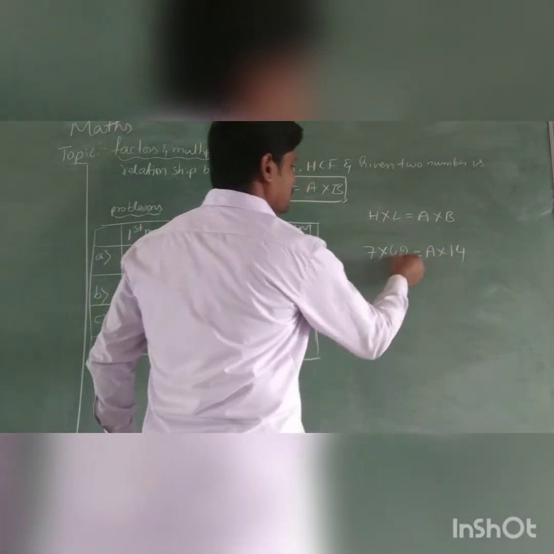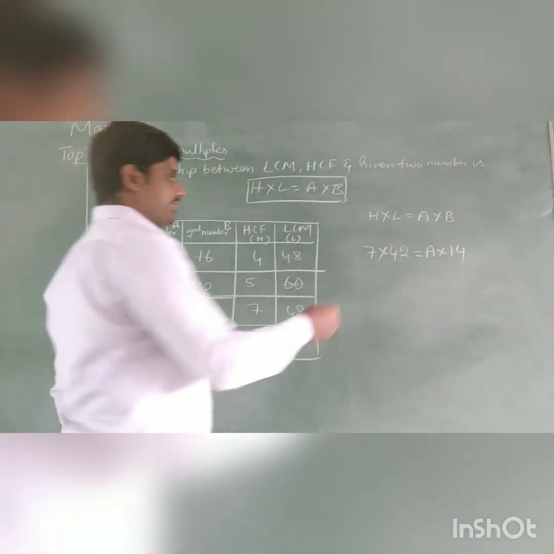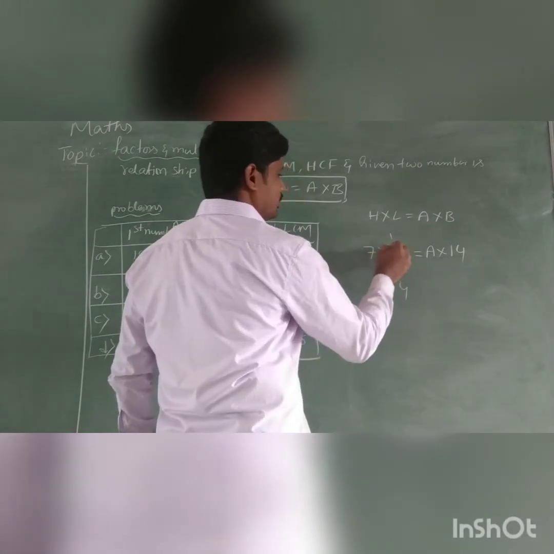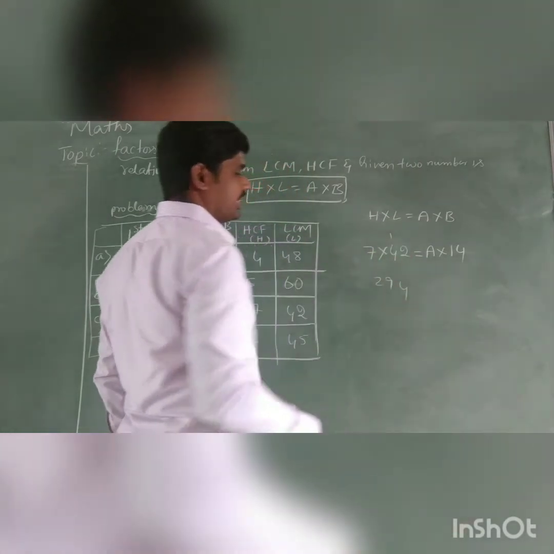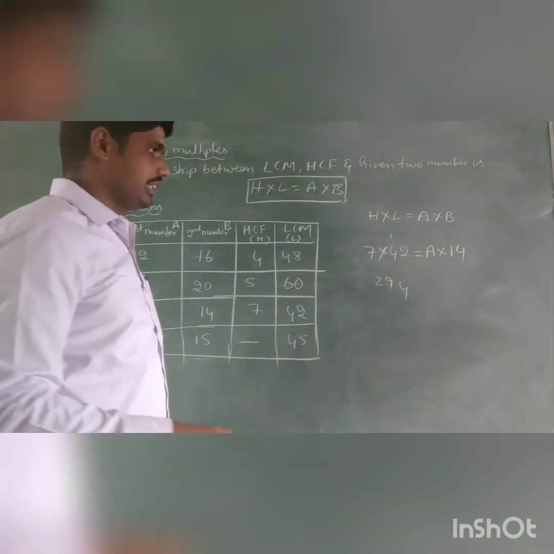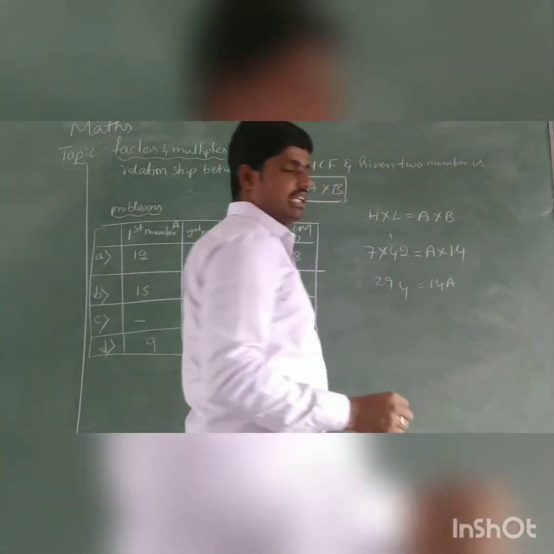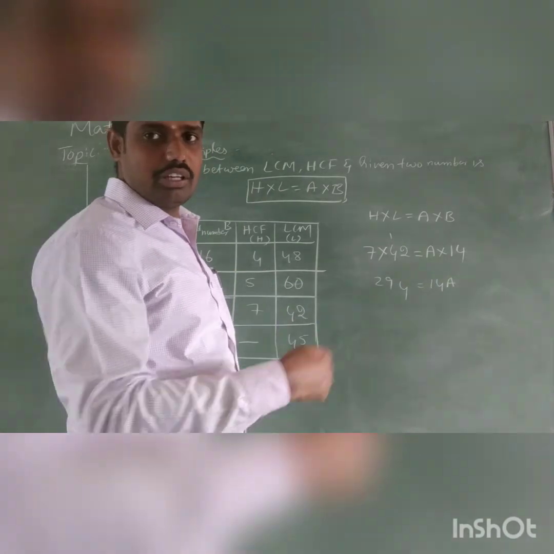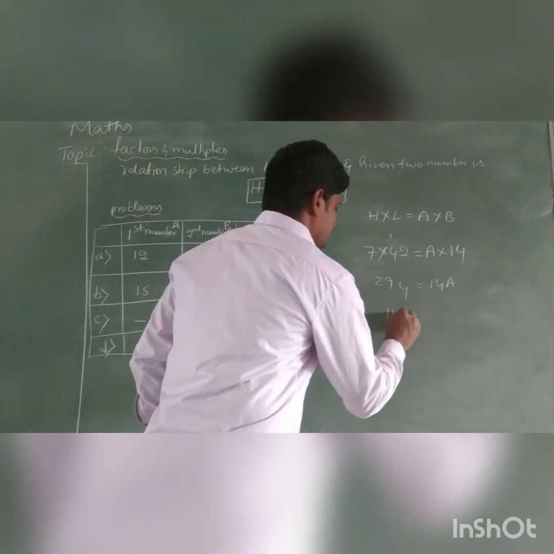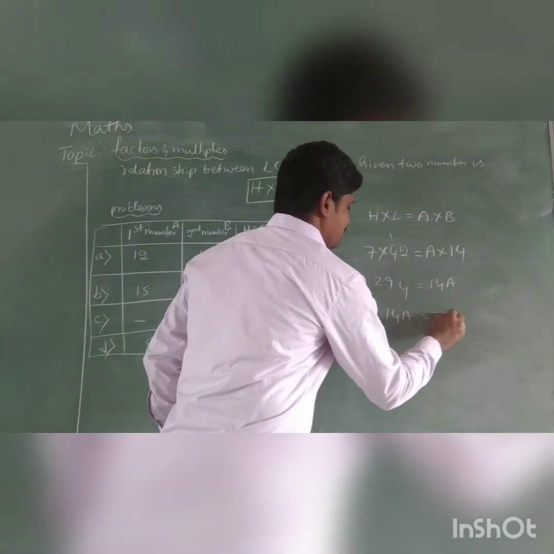Now multiply 7 into 42: 7 twos are 14, write 4 and carry 1, 7 fours are 28, 29, so 294. A into 14 is 14A. A is the variable. We should find the value of A. 14A is equal to 294.